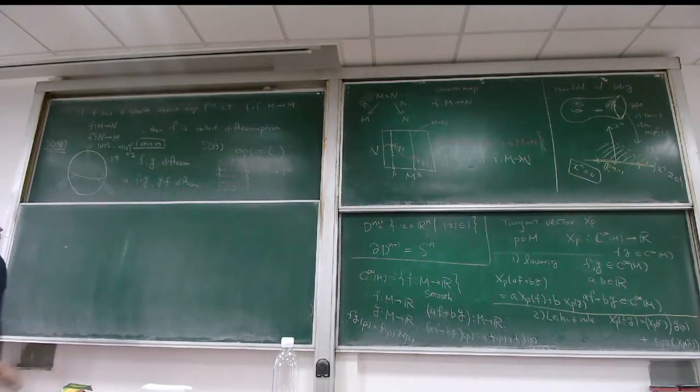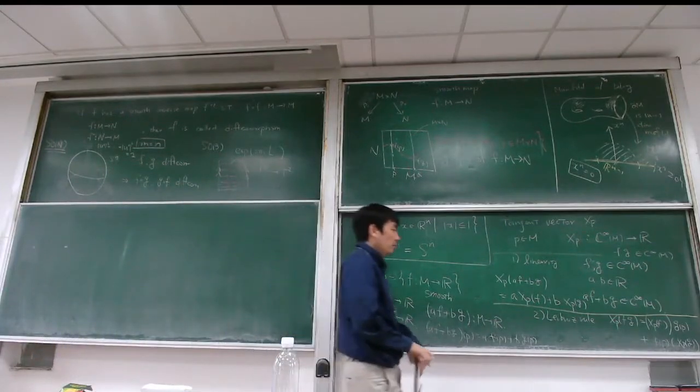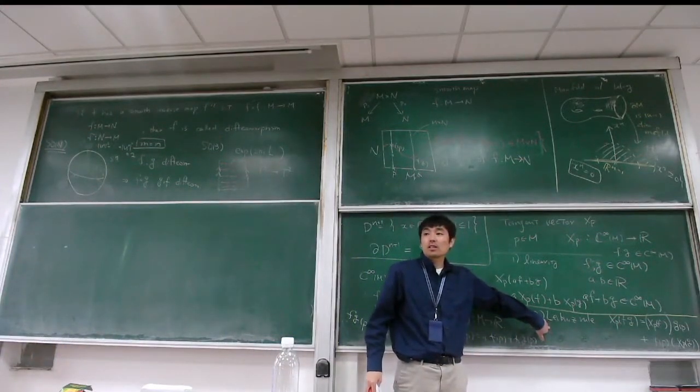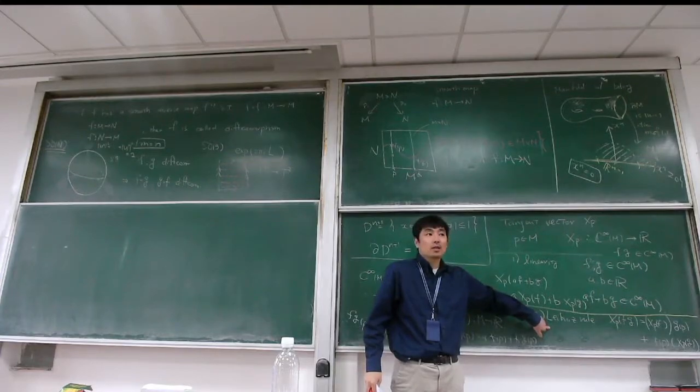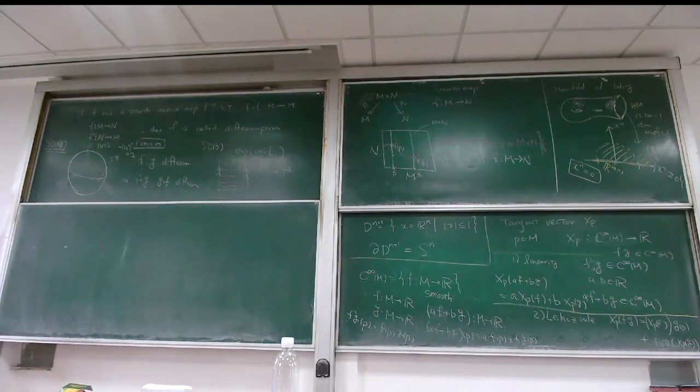So what it means is as follows. Have you ever heard of the Leibniz rule in the literature previously? No? Okay. The Leibniz rule is a typical property of the first derivative.